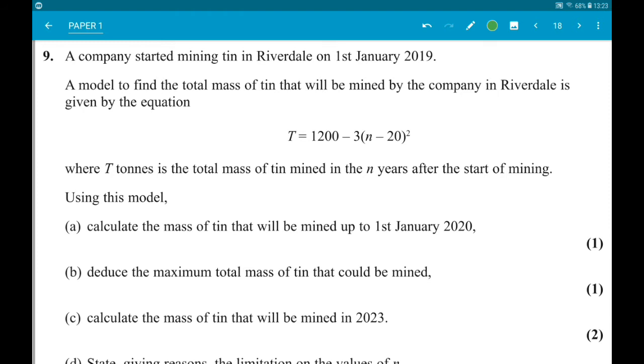So really the model is only valid up to and including n equals 20. So we could say the model is only valid for n less than or equal to 20, as for n greater than 20, T starts to decrease, which doesn't make sense.